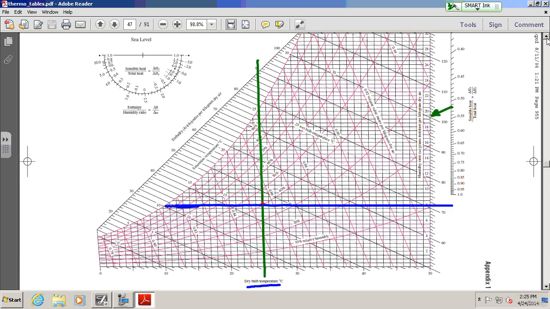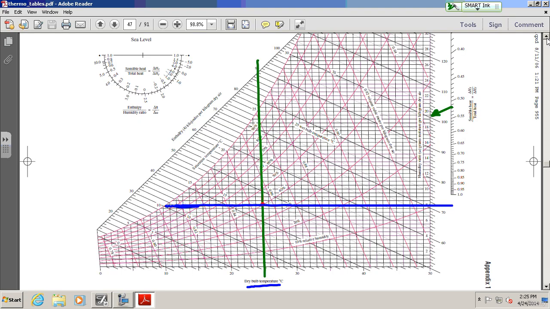You'll see that there are different markings for it. My horizontal line pretty much goes straight through the 8. Yours probably goes straight through the number 8 on the right side for humidity ratio. If you read it carefully, it says humidity ratio, grams moisture per kilogram dry air.